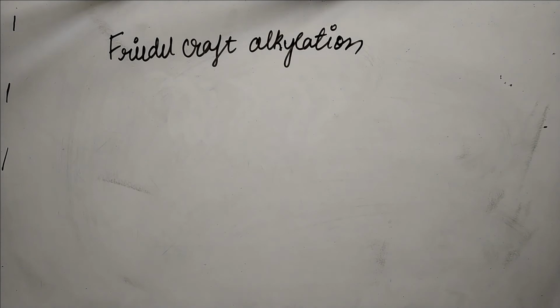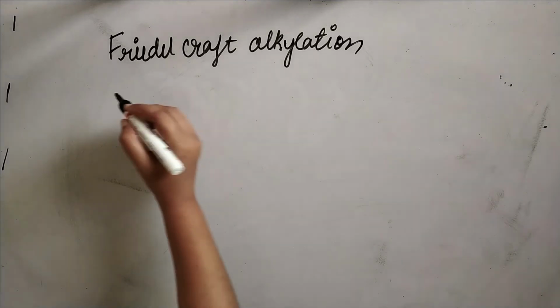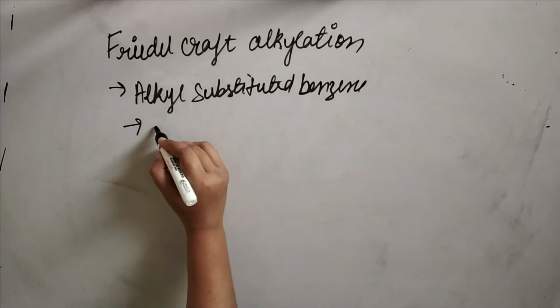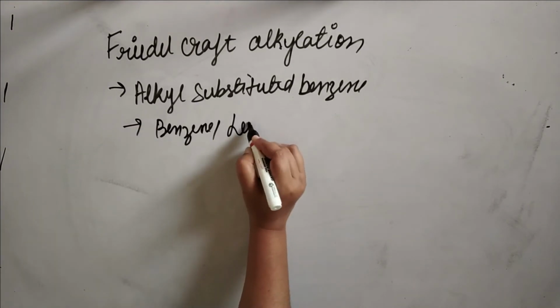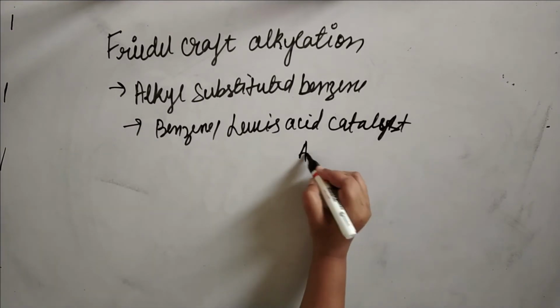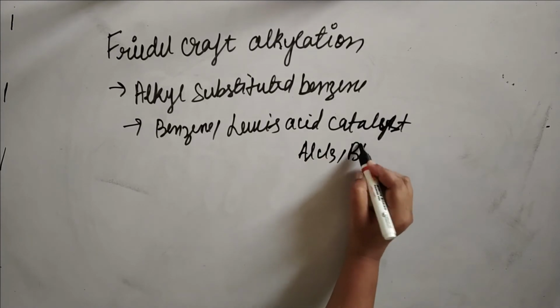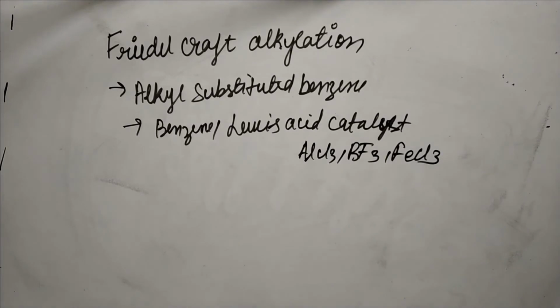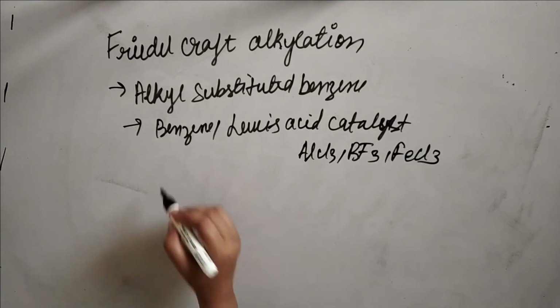Friedel Crafts alkylation. Generally this reaction is used for the preparation of alkyl substituted benzene rings. For this reaction we need benzene, a Lewis acid catalyst like AlCl3, BF3 or FeCl3. These are the catalysts we require, and one alkyl halide.